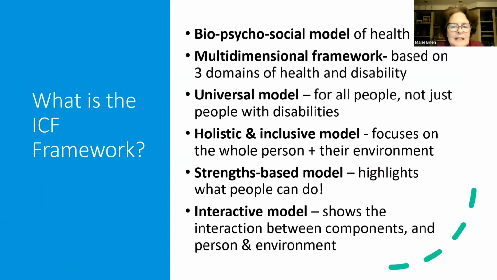It's holistic and inclusive, so it focuses on the whole person and their environment. It's a strength-based model because it highlights what people can do, not just what people cannot do or impairments. And lastly, it's an interactive model because it shows the interaction between each component and also the interaction between the person and their environment.